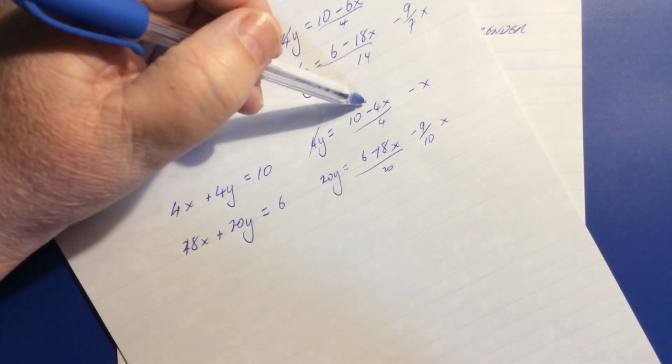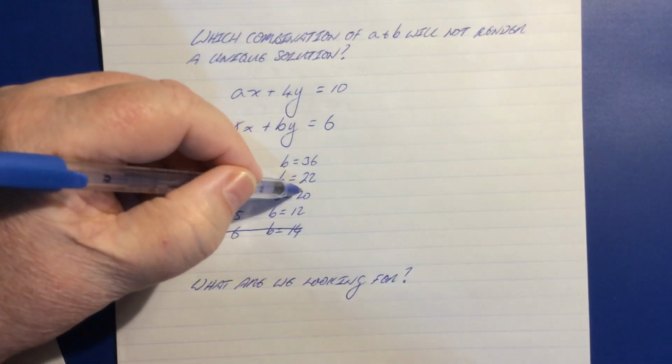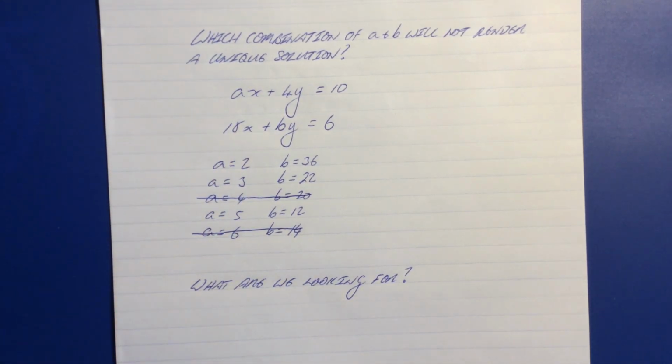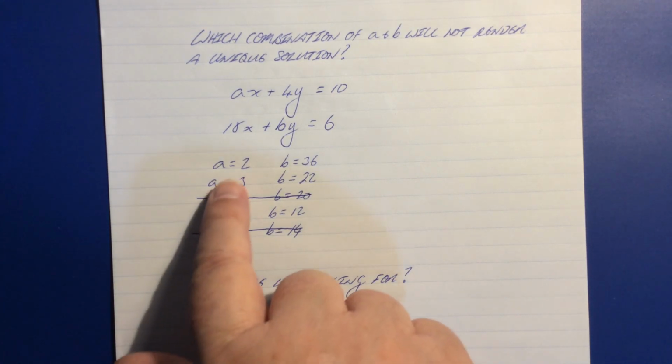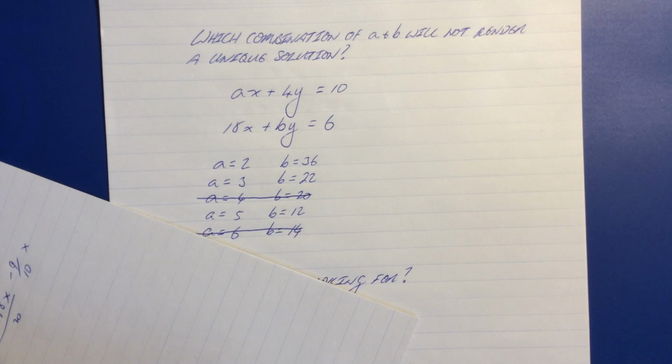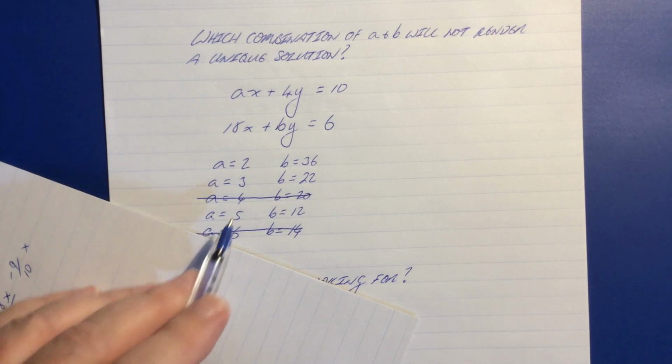So they have a unique solution. I should say that there is one correct answer here, because this was pulled from a multi-choice exam, something that I sometimes call multi-guess.